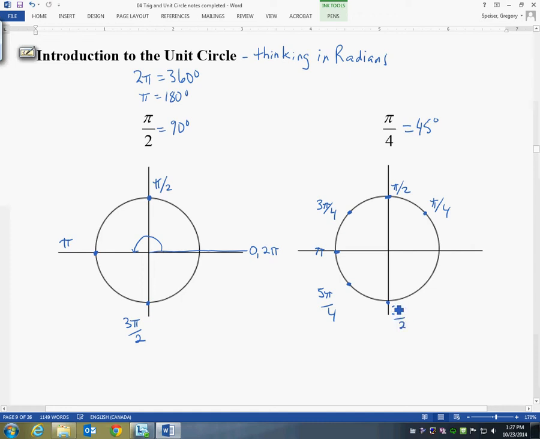This is 7 pi over 4. So you see we're counting, and this would be 0, or I guess you could also call it 8 pi over 4, couldn't you? But it's the same thing as 2 pi. So you'll notice that we're counting by pi over 4s, but the denominator changes when we can reduce the fraction.